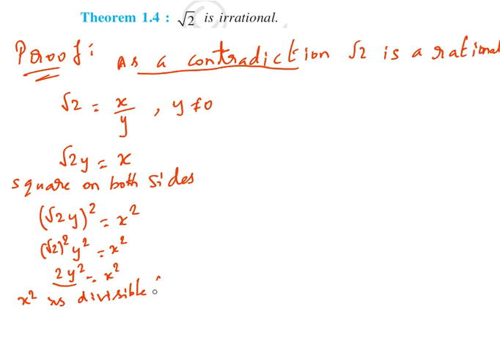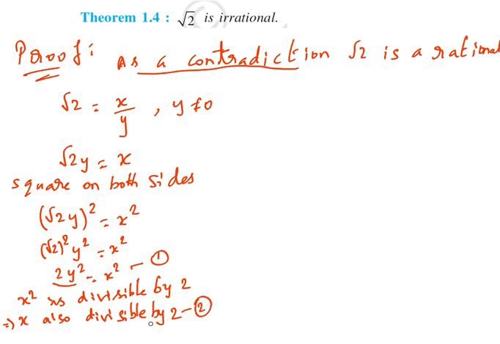X square is divisible by 2. So if x square is divisible by 2, definitely x is also divisible by 2. So x is divisible by 2. We'll take this as equation number 1 and this condition as 2.